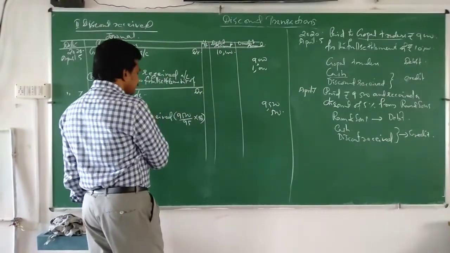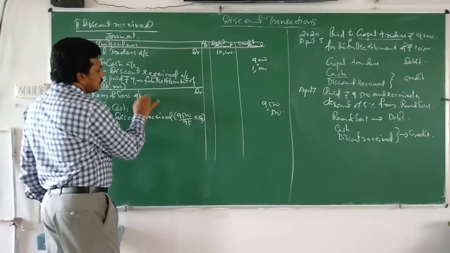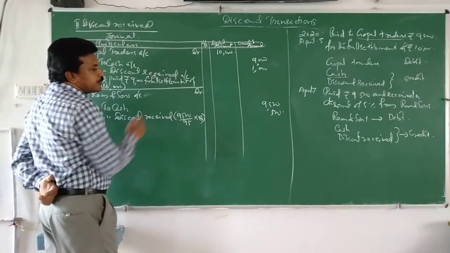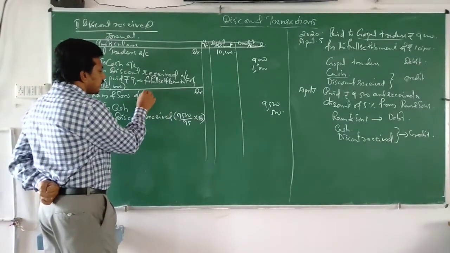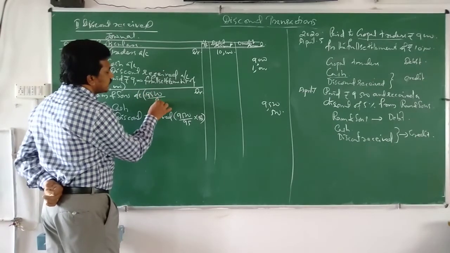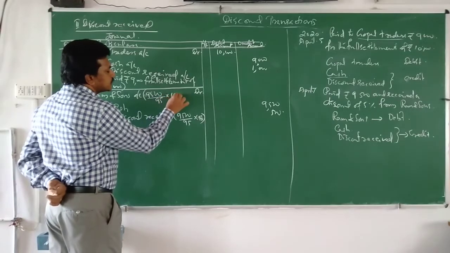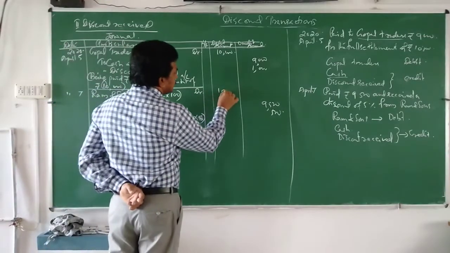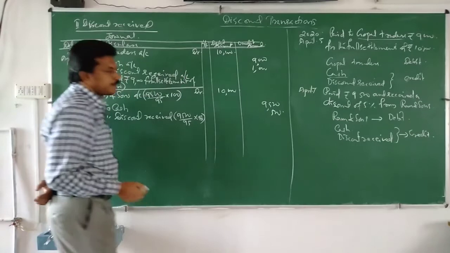And here the total of that will be the amount to be paid to Ram and Sons. That we can find out like this also. 9,500 if it is for 95, what is 100? That means again 10,000. Okay.